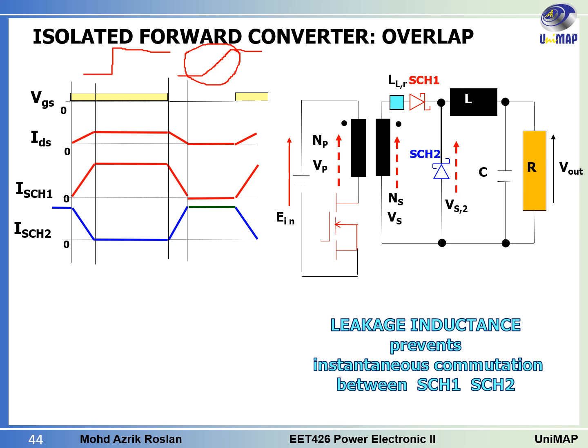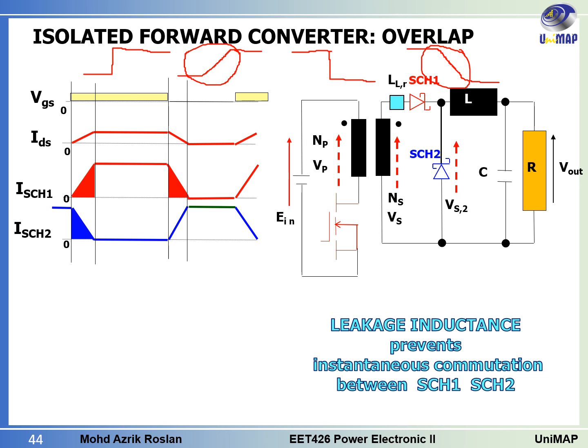Okay, it's supposed to be when you reach the triggering point of VGS, we want the I Schottky 2 to be like this. But due to the leakage inductance that we have here, it will be like this. Okay, so this is the effect of the leakage inductance. Okay, so we have this phenomenon when the transition from the VGS off to VGS on.